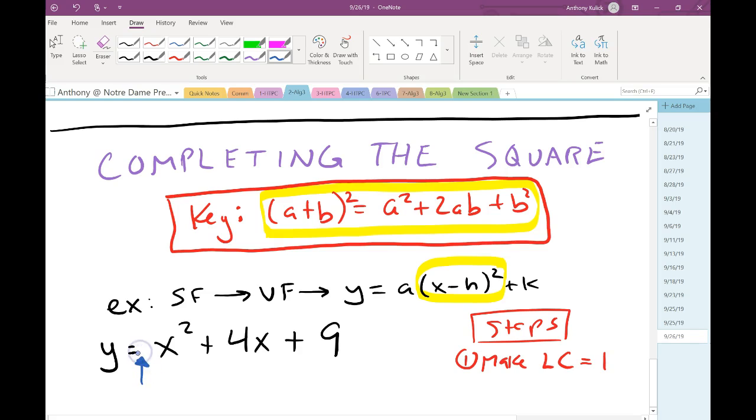It's the number in front of the x squared. Well, in this case, it's already 1, so we don't have to do anything for this particular example. In a moment, we'll do an example where that's not the case and things get really gross and fractiony, but I don't want that to be our first example. Okay? So we're good on that first step.